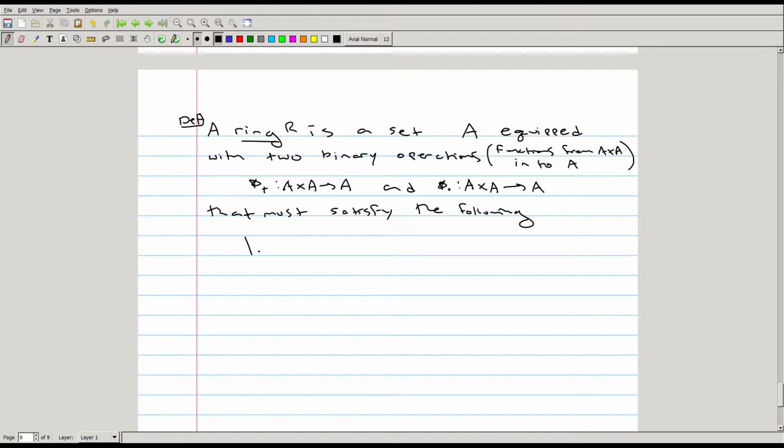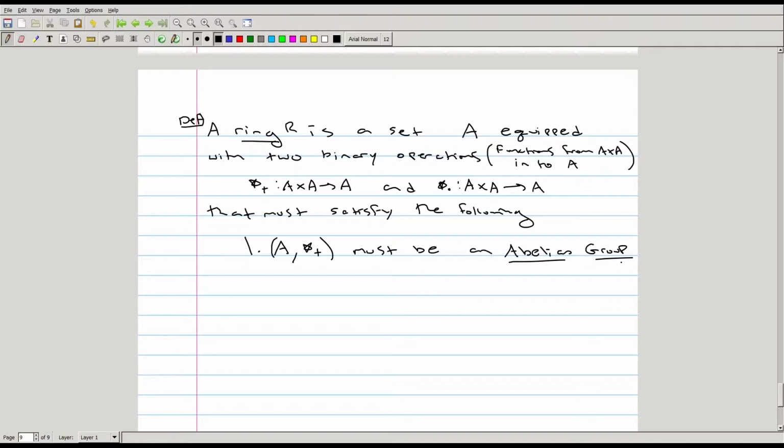Axiom 1 is that A, comma, operation plus must be an abelian group, meaning that for any element in A, there must be an additive inverse, or an inverse with respect to this star plus operation.